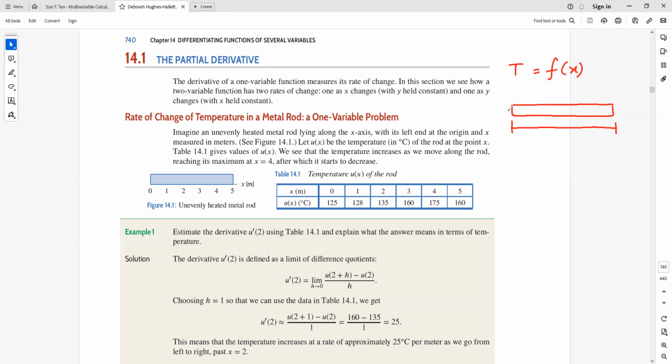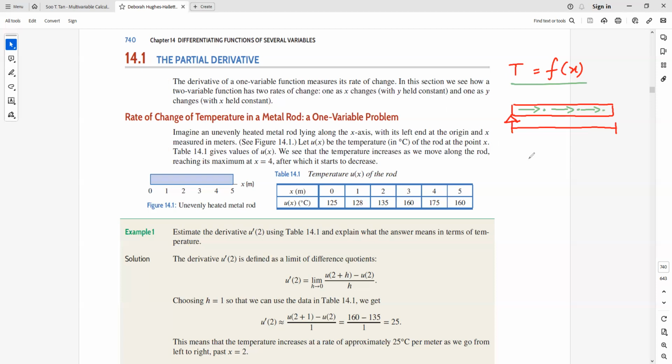Let's say we have some heat source here and heat is supplied at this end. We know that heat transfers from higher concentration to lower concentration. Therefore, the heat flows from this region towards the right. So it flows in the x direction. Therefore, the temperature is a function of x, and we can find the temperature at any point in the rod.